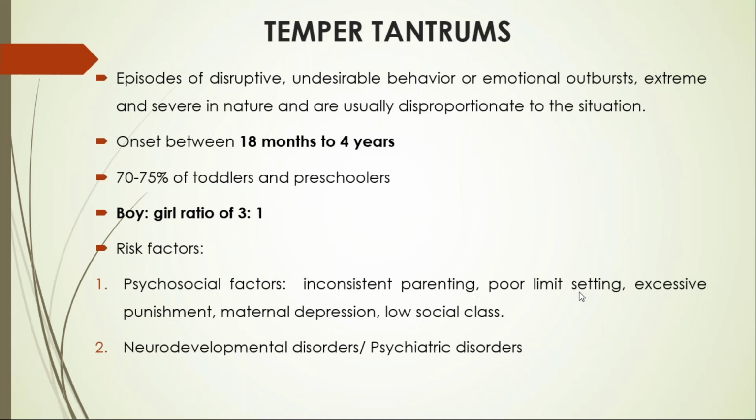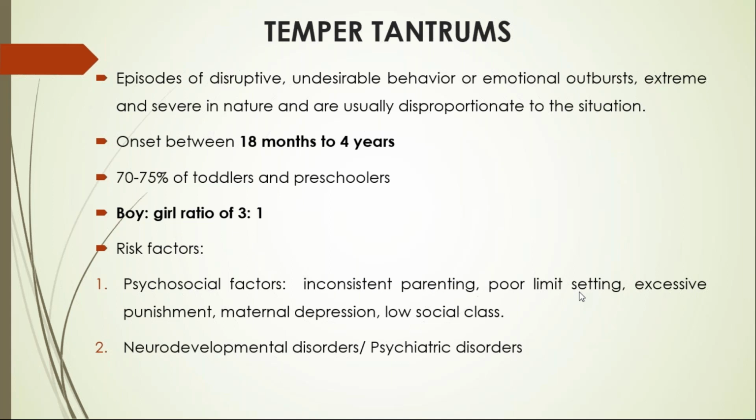So when there is no limit to those settings, that is when these temper tantrums become more and more apparent. When there is inconsistent parenting, the child has never heard no from the parents or the family, that he will get whatever he demands, and when there is a no to him, he cannot stand it. So that is when these temperamental issues occur. Or there is excessive punishment, so it can be both ways.